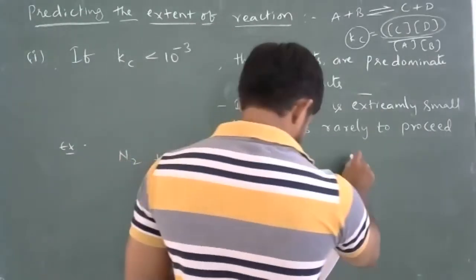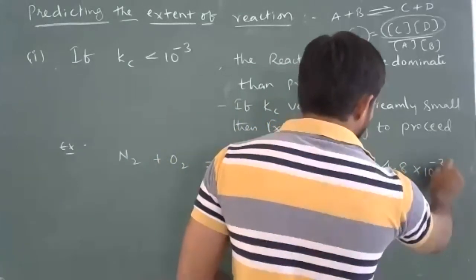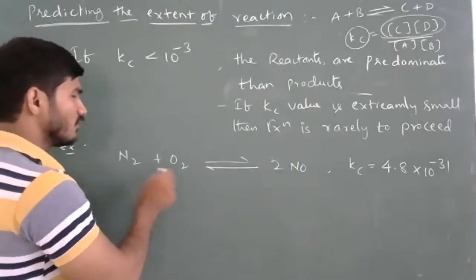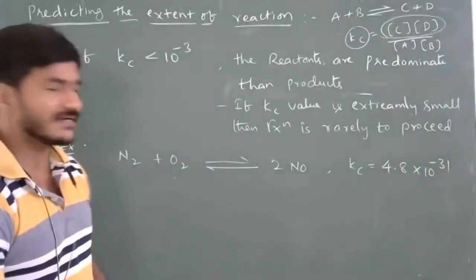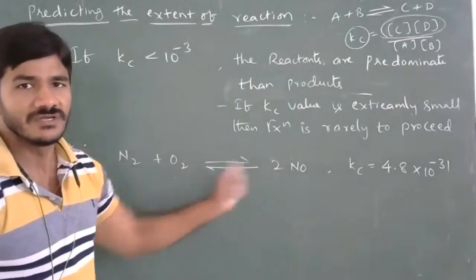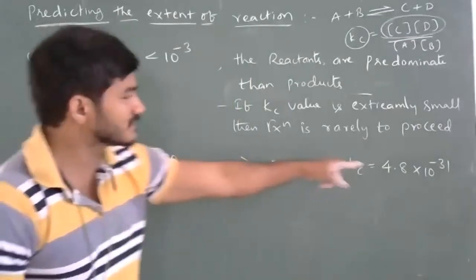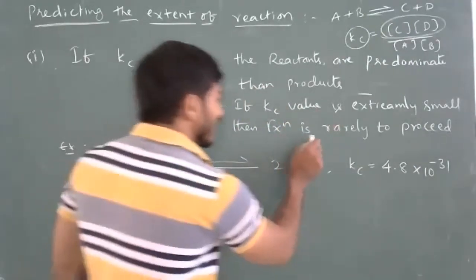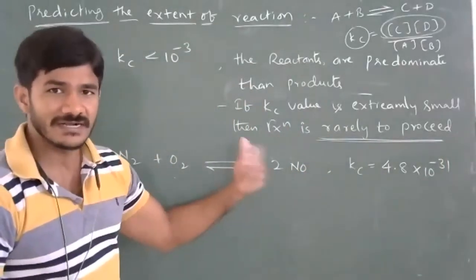For this, Kc is 4.8 into 10 power minus 31. So what can we say? N2 and O2 combine, and it can form 2NO. Kc value is 10 power minus 31. Do you think that N2 and O2 can really combine and form NO in this reaction? No. N2 and O2 will not proceed into NO formation because Kc value is extremely small. When Kc value is extremely small, the reaction rarely proceeds.